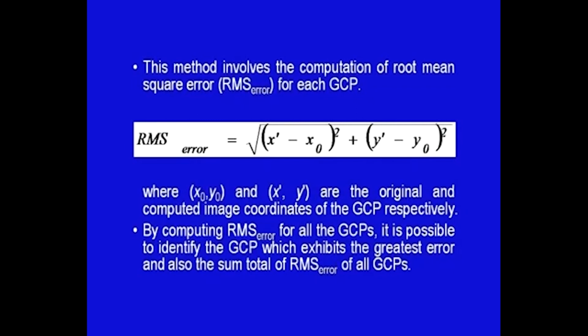By computing the RMS of all the GCPs, it is possible to identify the GCP which exhibits the greatest error and also the sum total of the RMS error of all the GCPs.